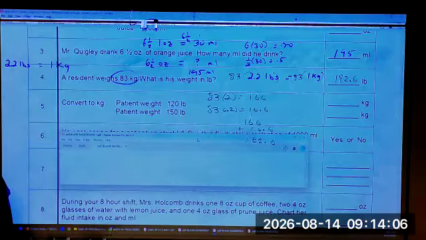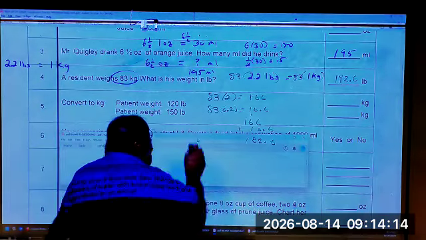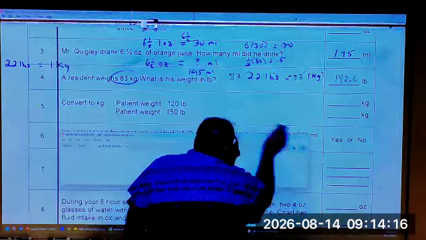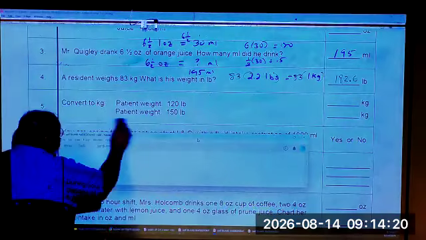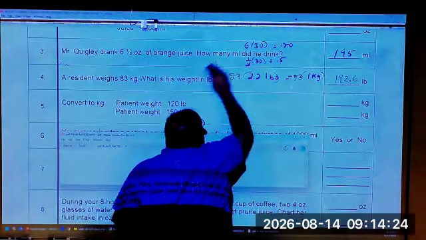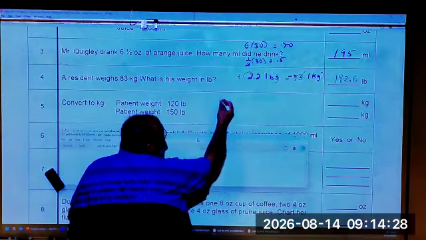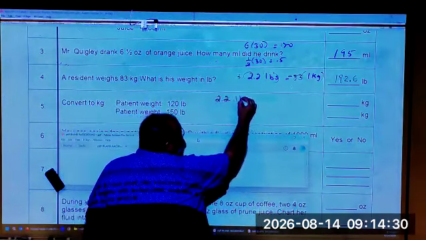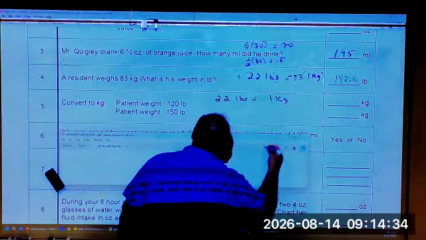All right. The patient weighs 140 pounds, so we're going to convert that into kilograms. 2.2 pounds equals 1 kilogram.